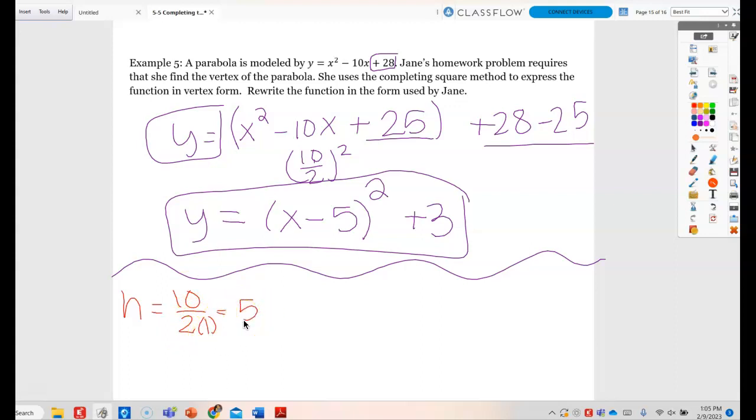And then to get k, you took that h value and you plugged 5 in. You said 5 squared minus 10 times 5 plus 28. 25 plus 28 minus 50 gave you 3. So the old way was going to find h and k and then you plug them into vertex form. Well, now you can use that completing the square to manipulate your equation to get it to vertex form.